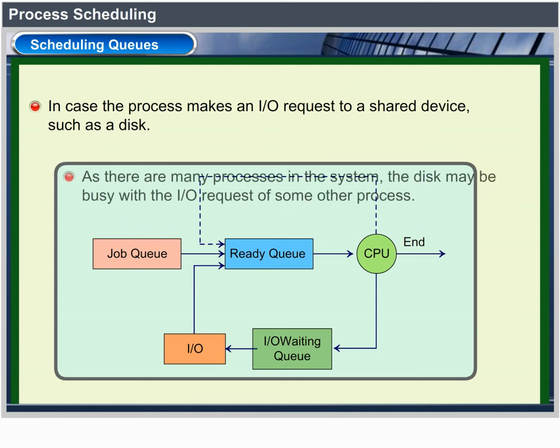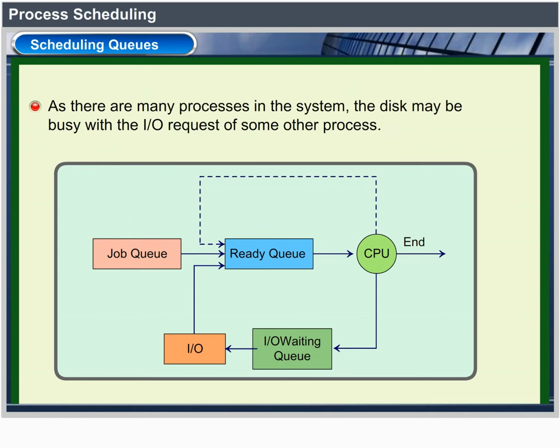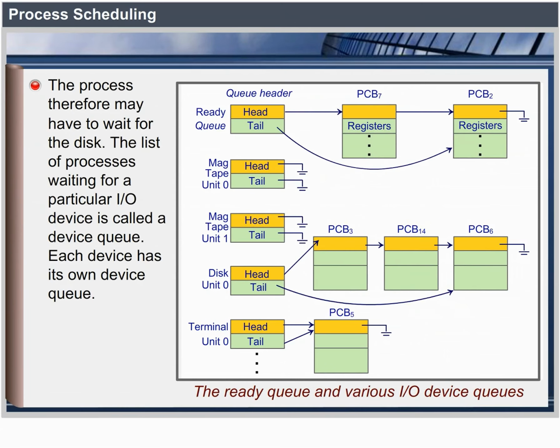Since there are many processes in the system, the disk may be busy with the input-output request of some other process. The process, therefore, may have to wait for the disk. The list of processes waiting for a particular input-output device is called a device queue. Each device has its own device queue.